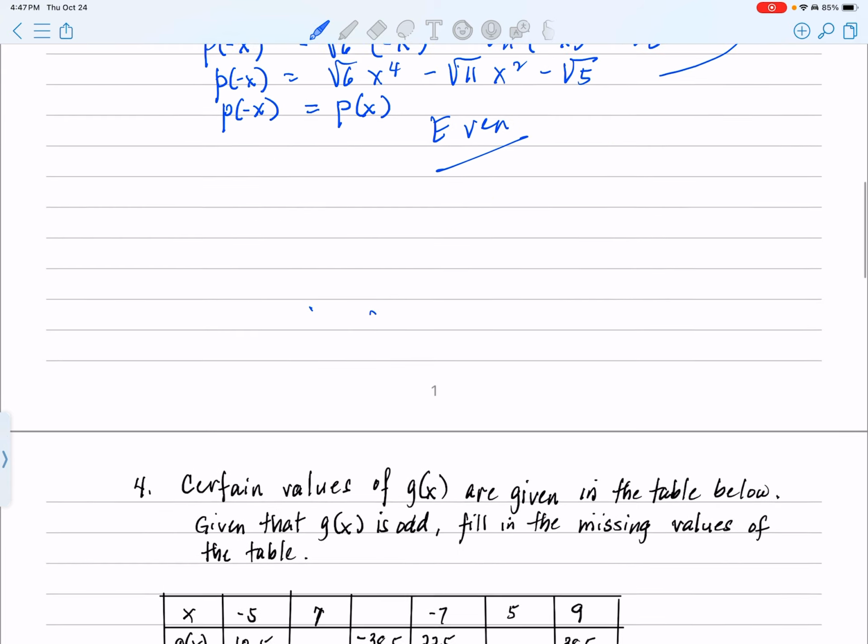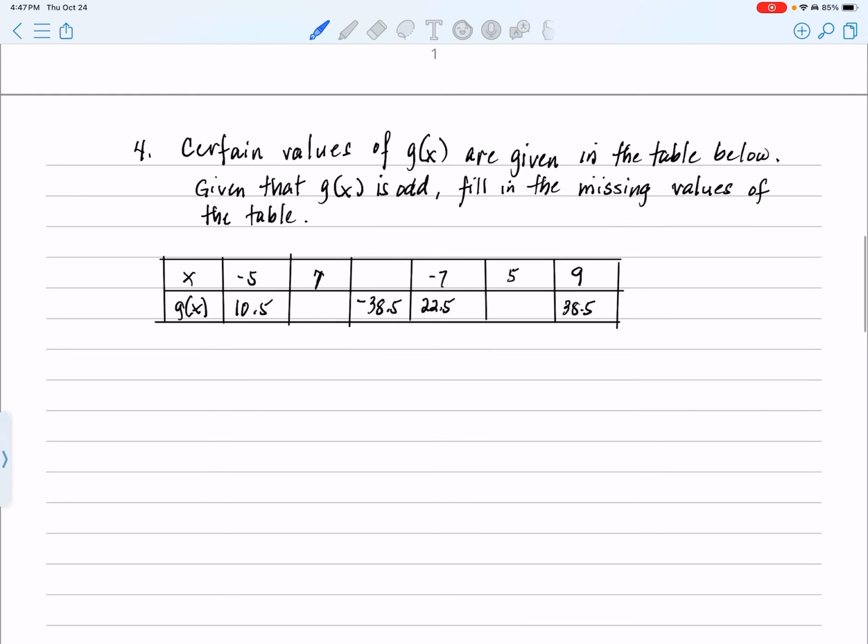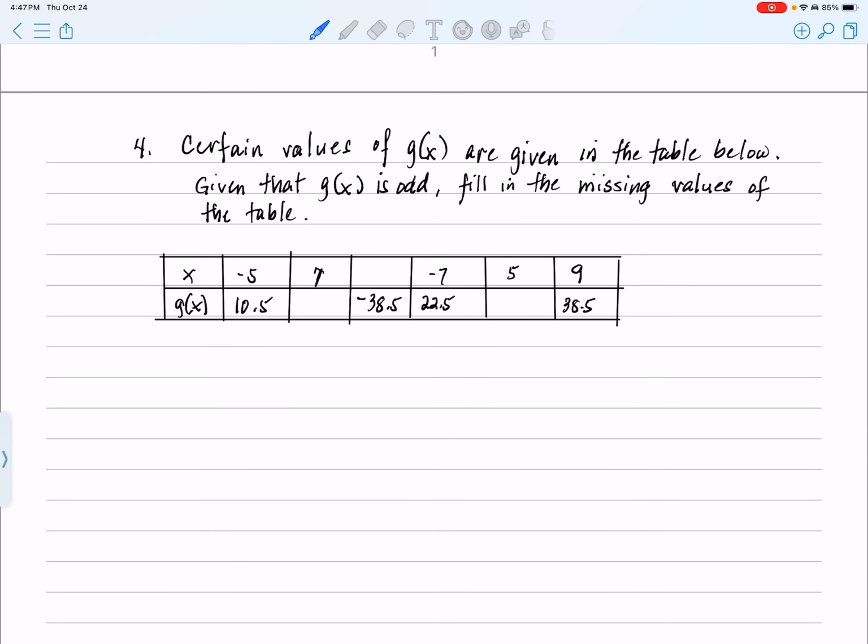All right, let's look at this fourth question. Certain values of g of x are given in the table below. Given that g of x is odd, fill in the missing values in the table. Okay. All values of x are odd values. I have to do observations here.